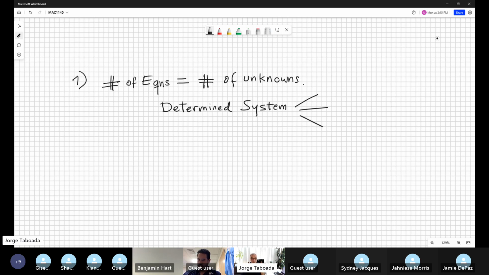One solution. Infinitely many solutions. Okay, it's the part where you need to determine the free variable. No solution. So that depends on the equations.